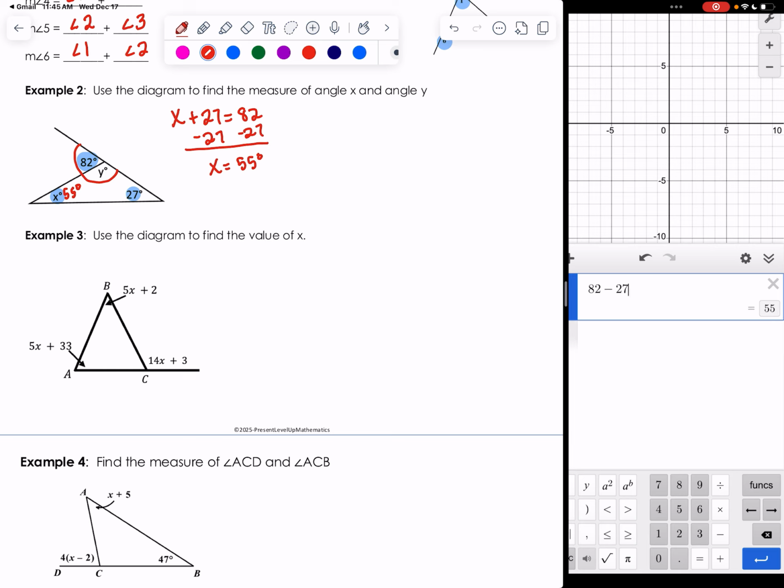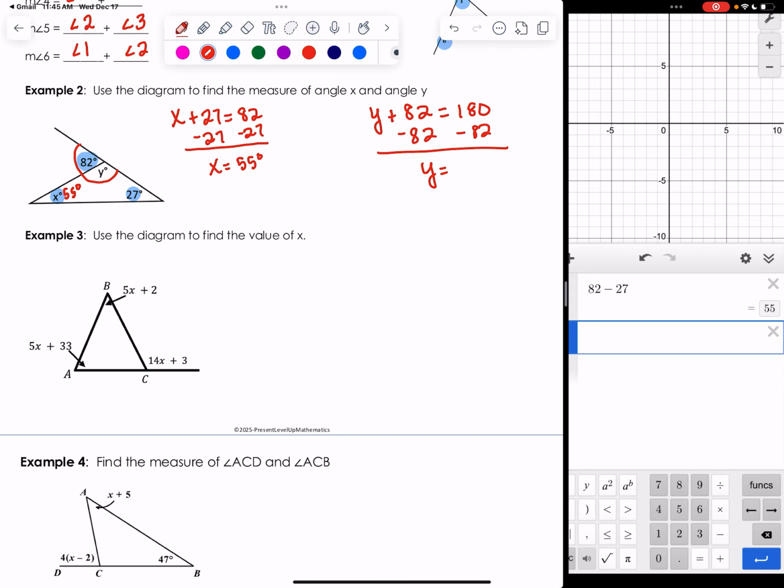So the measure of angle Y plus 82 degrees is equal to 180. I could subtract 82 from both sides. So 180 minus 82 gives me 98 degrees. Now I'm going to label that 98 degrees.